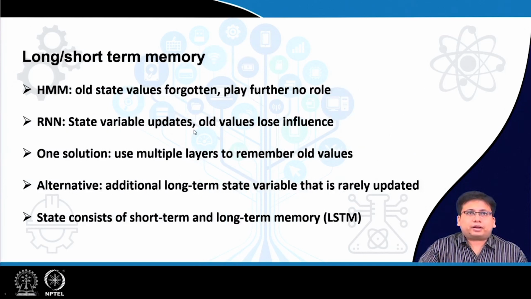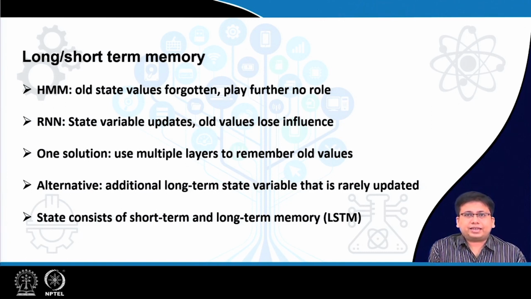Now this LSTM network solves a different problem also, apart from this gradient problem. That is related to the memory of old values. In case of a hidden Markov model, the value of z, the hidden or latent state value, is sampled at every time step, and once an old state value is forgotten or overwritten, it does not play any further role in generating the outputs.